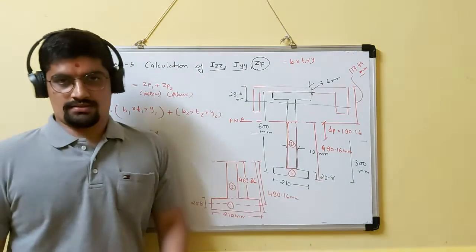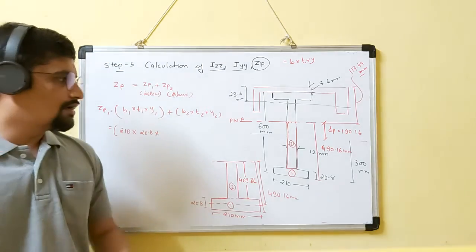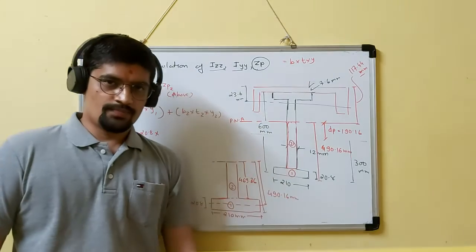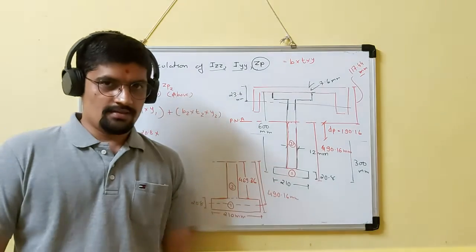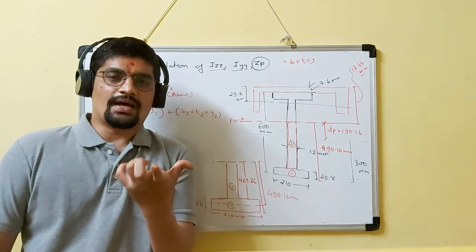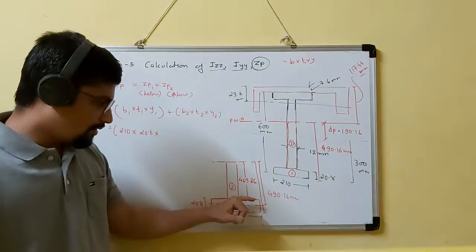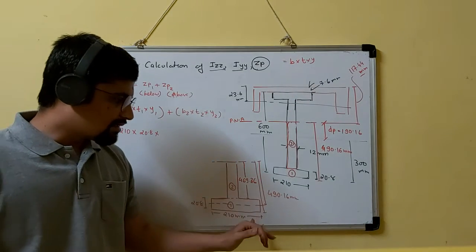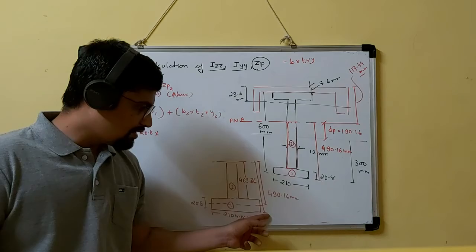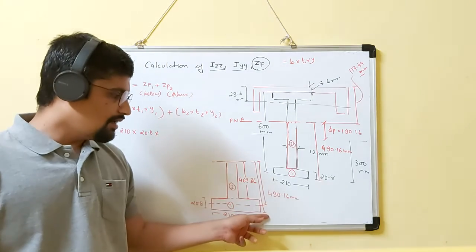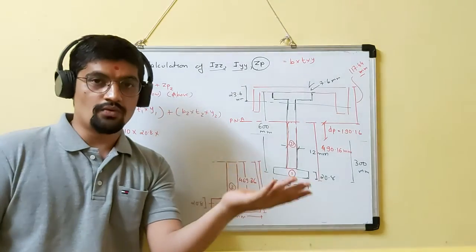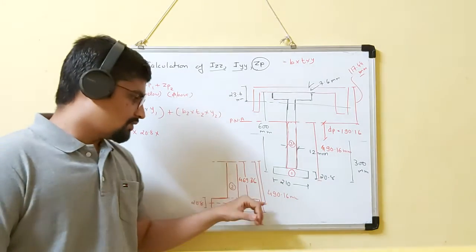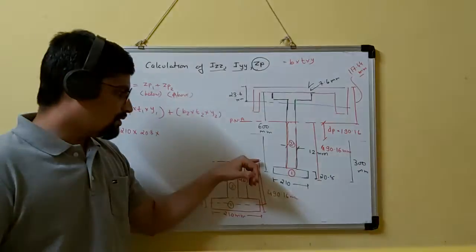Remember one thing: in the neutral axis calculation we were going from the CG distance downward, but here we need to go from the CG distance to the PNA, because we are taking the plastic neutral axis as the reference. So from the CG distance to the axis.